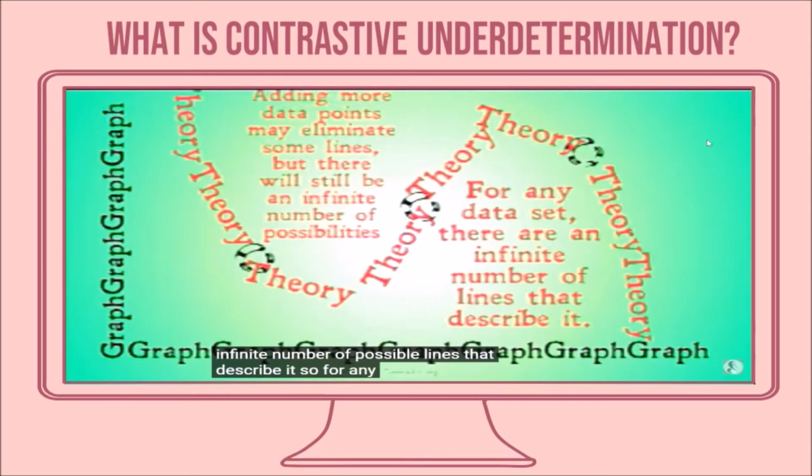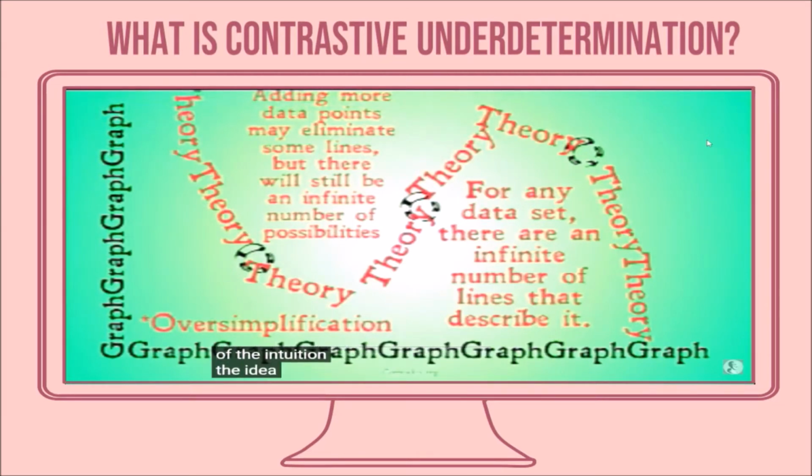So for any body of evidence, there are an infinite number of theories that can describe it. Like I said, this is a bit of an oversimplification of the idea, but hopefully you get a little bit of the intuition. The idea is that the evidence we have can be used to support any number of theories, so long as those theories account for all the evidence we have.